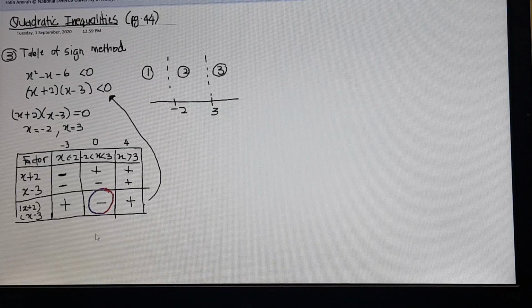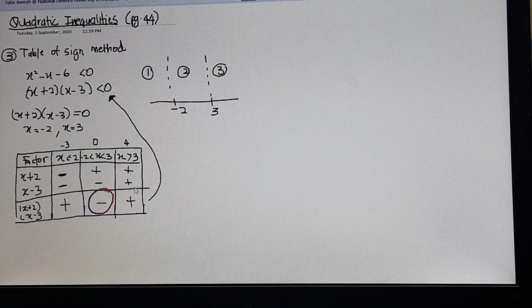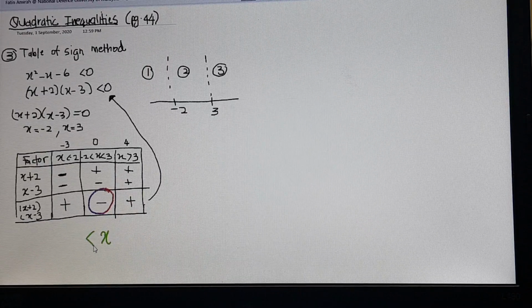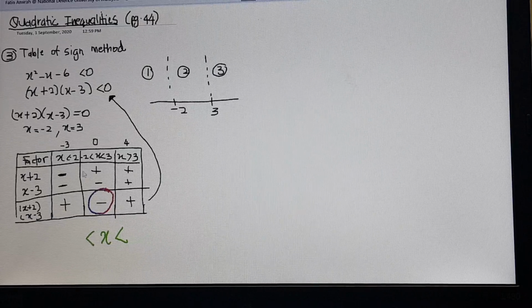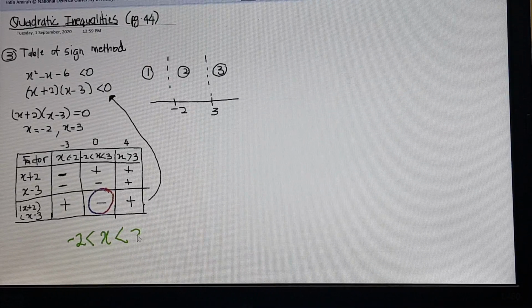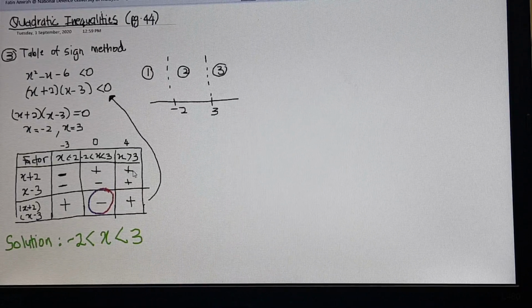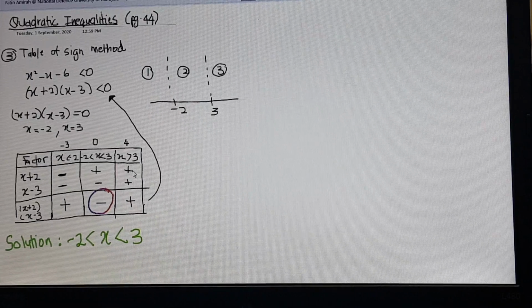So when it is negative, the solution is x must be between negative 2 and 3. We got this from the table. So this is the solution. Okay, that is all about how to solve quadratic inequalities. Alright, thank you.